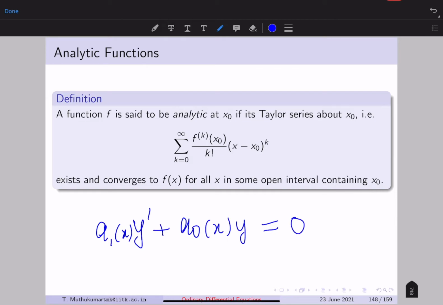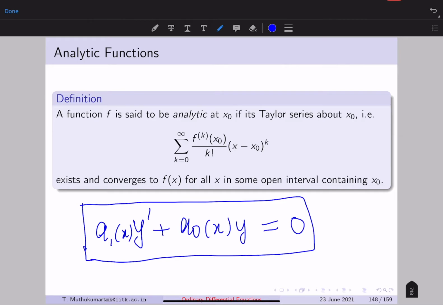So this is the form that you will have, which is what we have introduced in terms of P, Q, R. You can always normalize an ODE of this form, because if it's a first order ODE, then this coefficient should be a non-zero function, that is, not the constant function 0, which means that you can divide and normalize. So any ODE of this form can be written in this form.